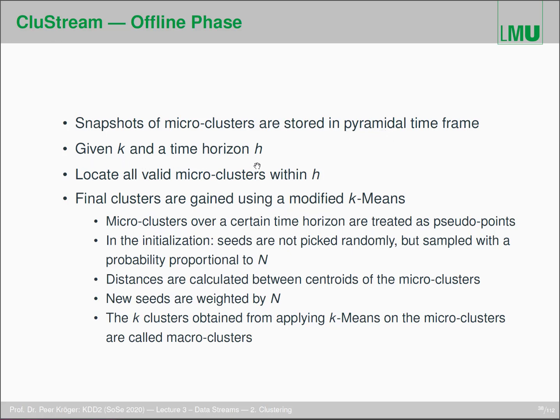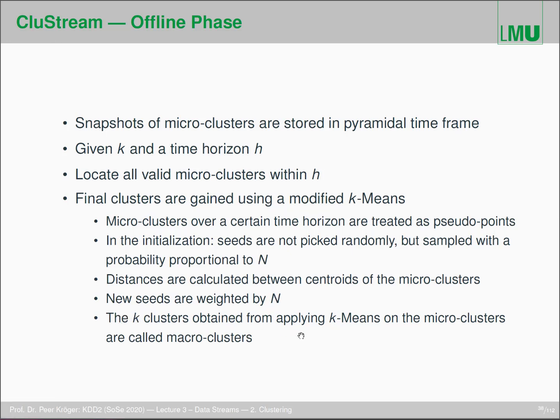Now, given k and a time horizon h, you locate all valid microclusters within this horizon, and the final clusters are computed by using k-means, a little bit modified: the microclusters over certain time horizons are treated as pseudo points, and you use a slightly different initialization. Seeds are not picked randomly, but sampled with a probability proportional to the number of points. Distances are calculated between centroids of the microclusters, of course, because you don't have the raw data anymore. New seeds are weighted by the number of points.